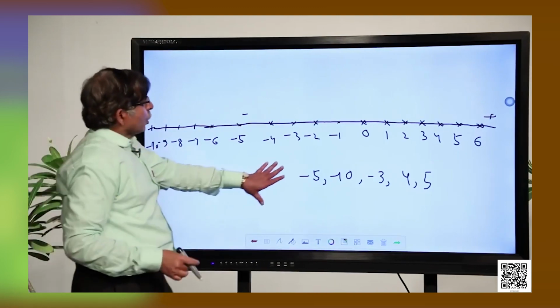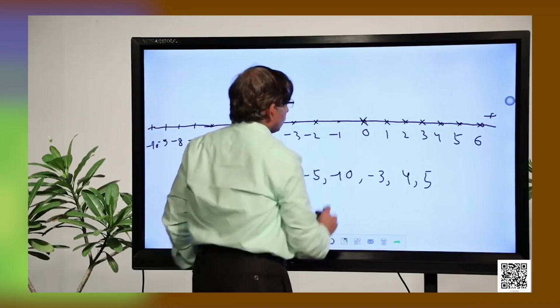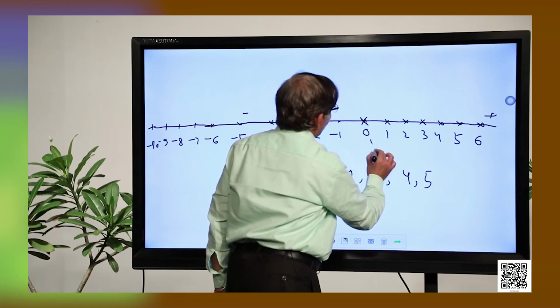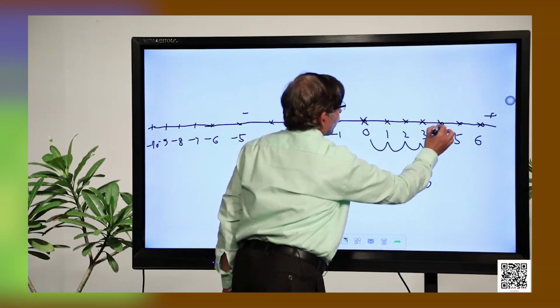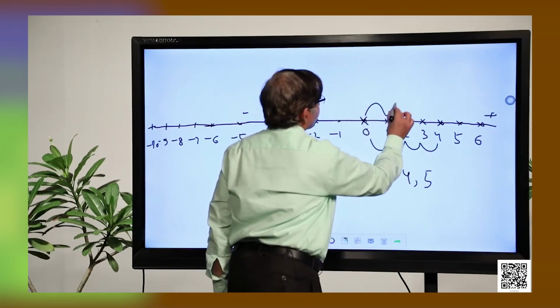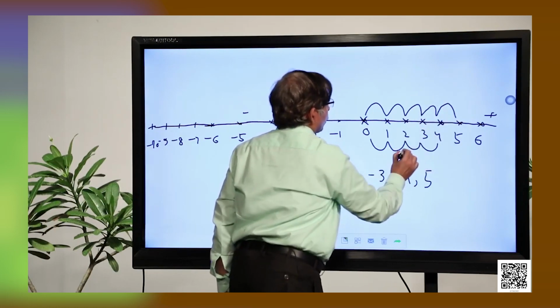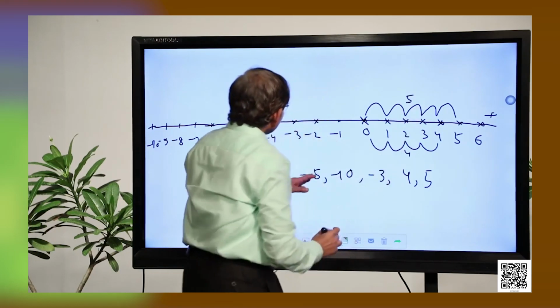So here is minus 3, and this is our point 0. On the positive side we have 4, so from here 1, 2, 3, 4. This distance is our 4 point, and this side is 5, 1, 2, 3, 4, 5.